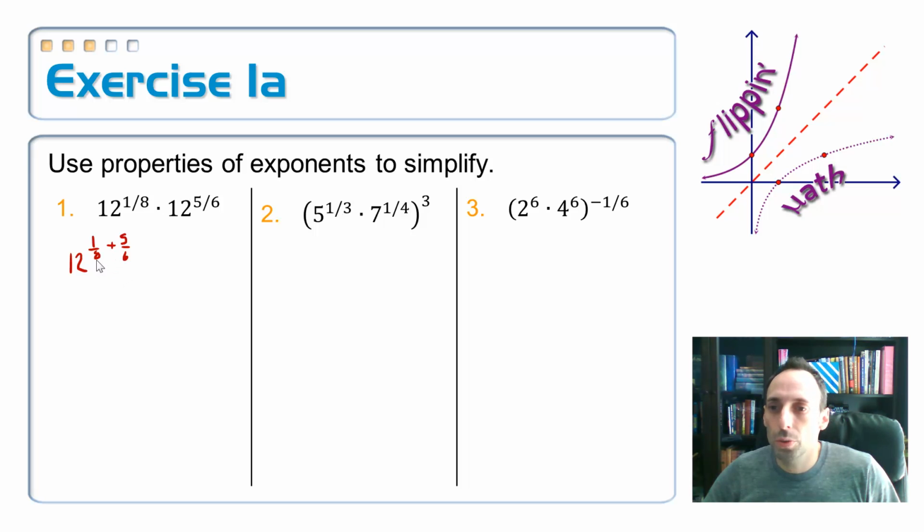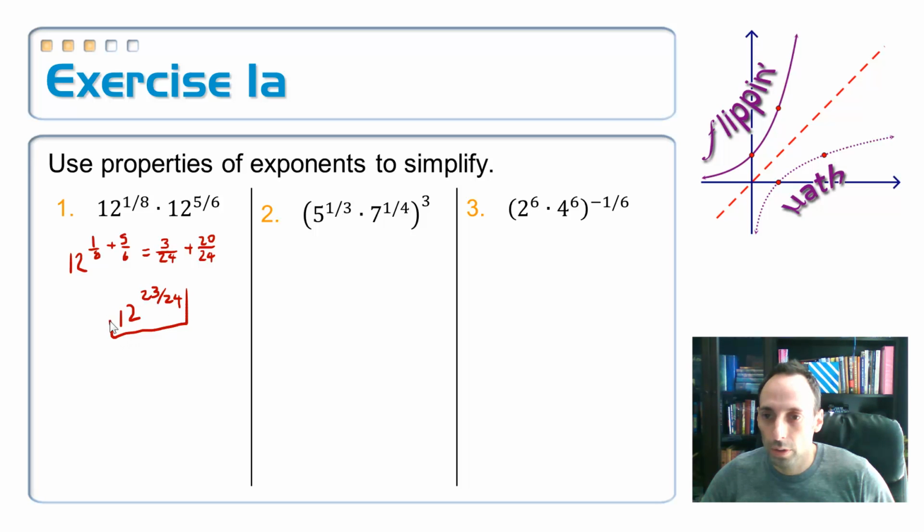Common denominator between 8 and 6 is going to be 24. So let's make that 24 on the bottom. You have to multiply the 8 by 3 to get 24. You have to multiply the 6 by 4, so that makes 20 on the top. So this will simplify as 12 raised to the 23/24th power.